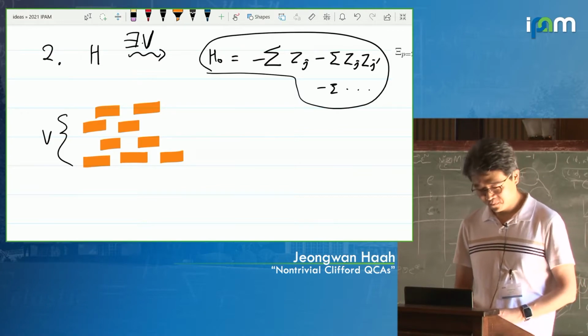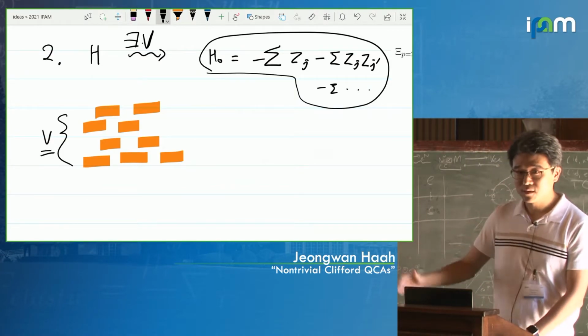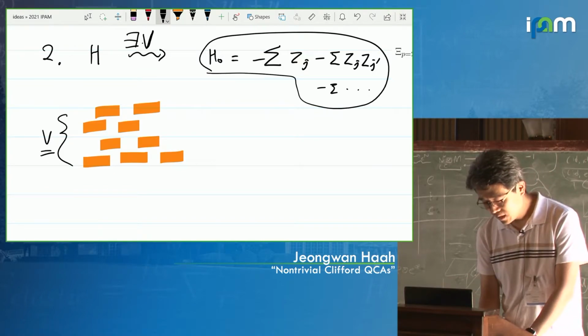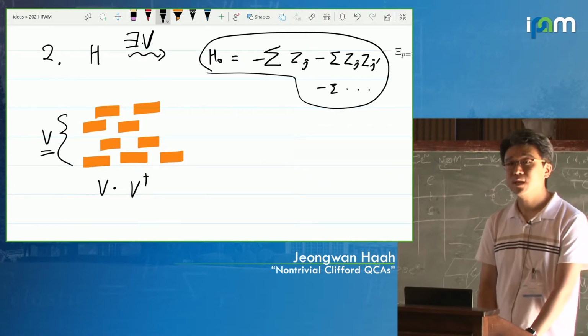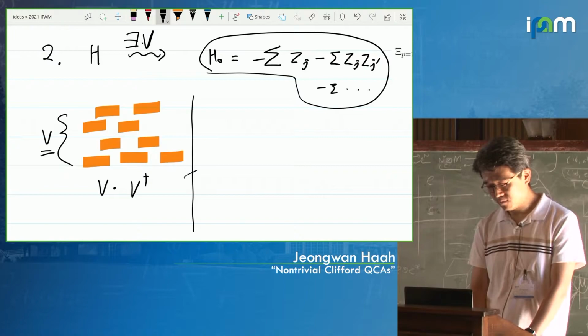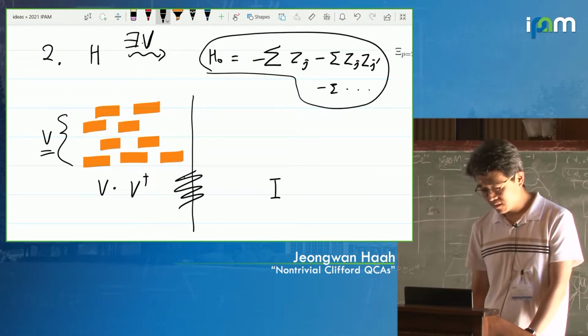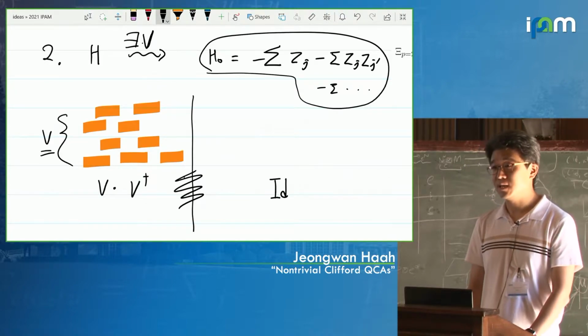More generally, in view of our discussion towards QCA, this means that there is some action implemented by V, conjugation by V here, and you can introduce a spatial boundary with some fuzzy action in the middle, and here you get action of identity.